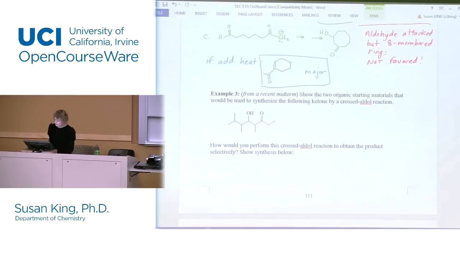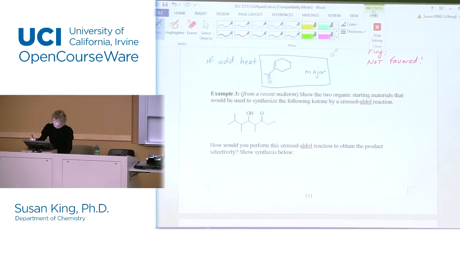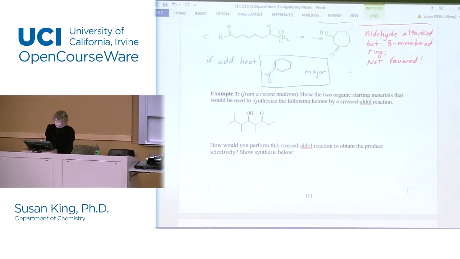All right, so the very first thing we're going to do is take this apart using the steps we talked about on the previous page. Start counting from the carbonyl. Alpha, beta, we're going to break the alpha-beta bond. We're going to put a carbonyl in the beta position, and we're going to put the negative charge in the alpha position. And then we're going to draw those 2 starting materials.